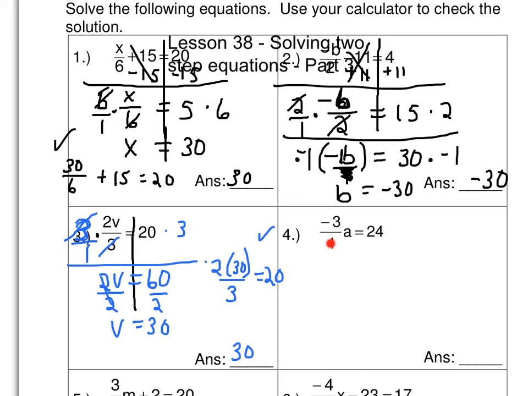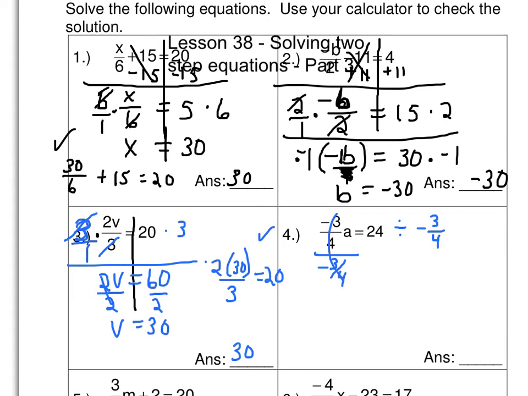So if I'm multiplying by negative 3/4, then to undo that, I have to do dividing. So I'm going to divide this entire thing by negative 3/4, because anything divided by itself is 1. So if I divide this by negative 3/4, then I have to divide this by negative 3/4.